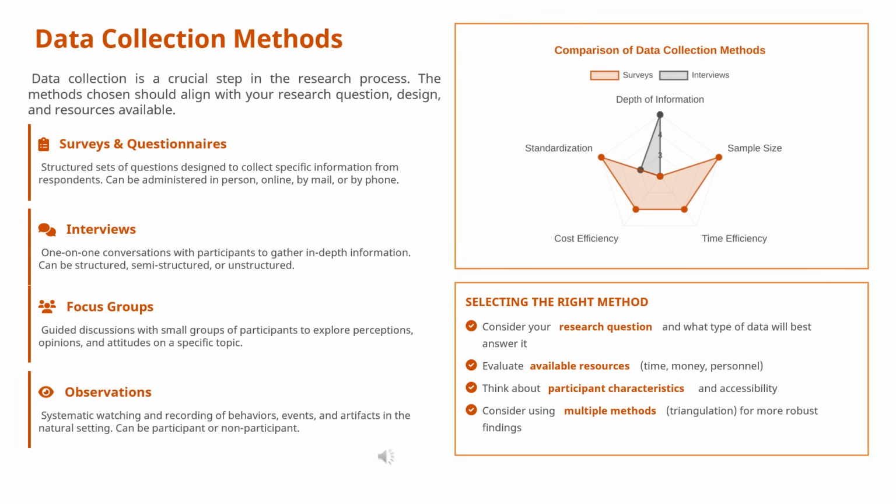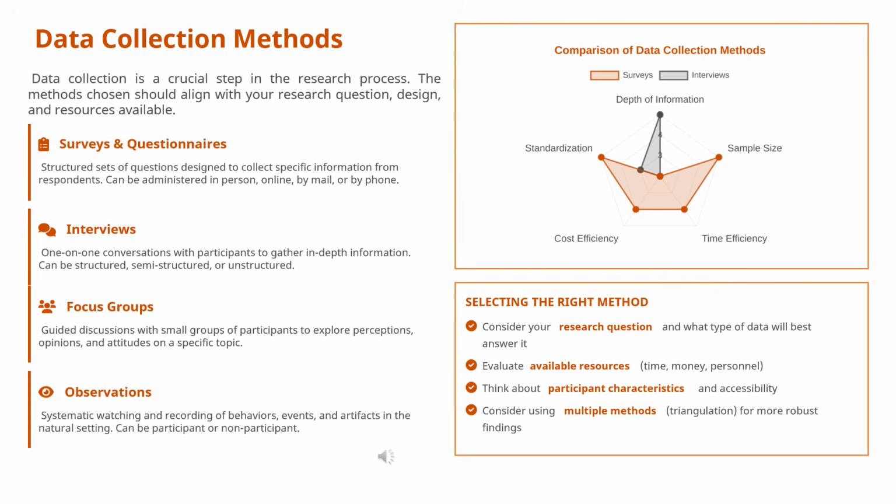Some of the common methods include surveys, which gather information from a large number of respondents using instruments like questionnaires, often with close-ended questions. Then we have interviews, which is a one-on-one conversation with participants in order to gather in-depth information. The interview can be structured, semi-structured, or unstructured.